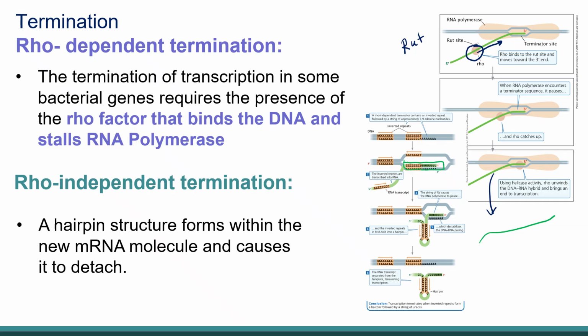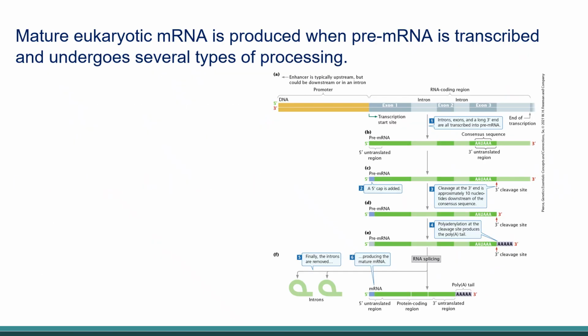And so what happens is that it causes a hairpin loop in our messenger RNA, which basically makes the DNA-RNA complex unstable. So that causes the messenger RNA to release from the DNA, the DNA comes back together, and the RNA polymerase releases as well.